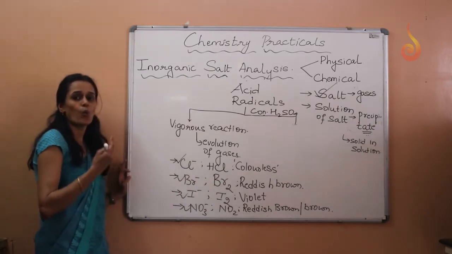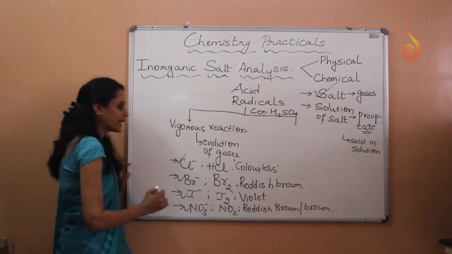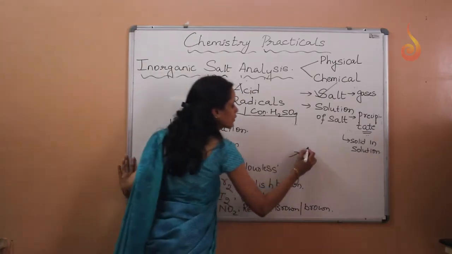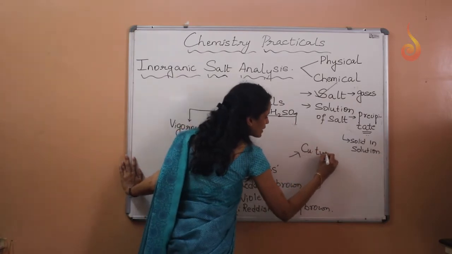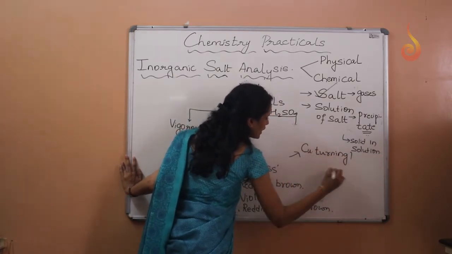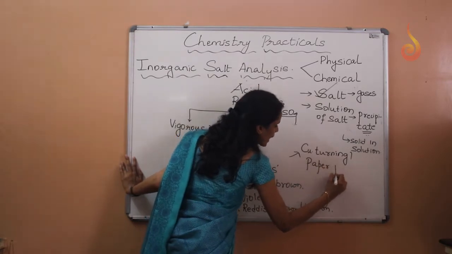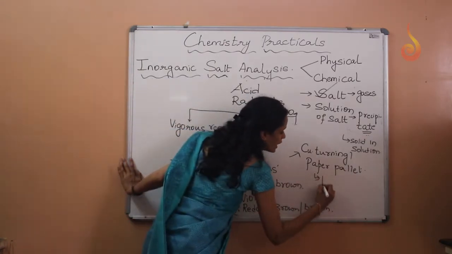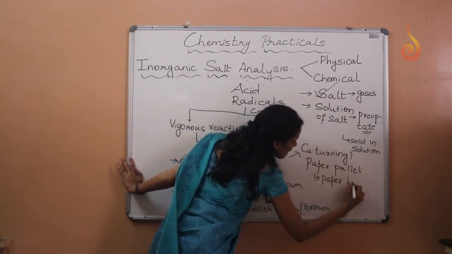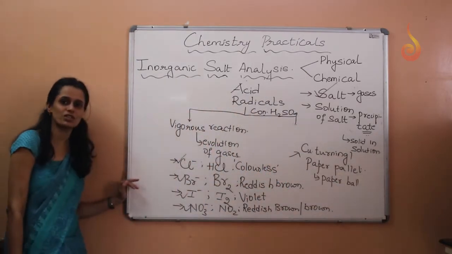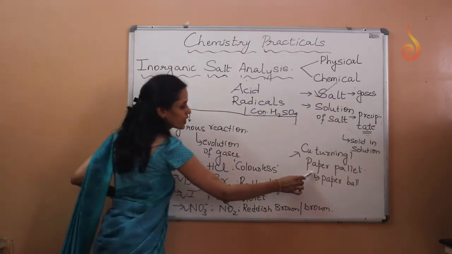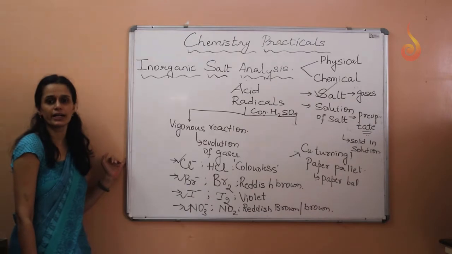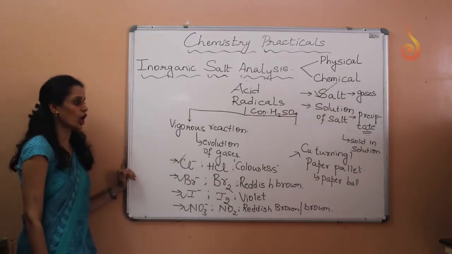To observe that, we add a catalyst to catalyze the reaction. What is the catalyst we are using? Either we can use copper turnings or we can use a paper pellet. What is this paper pellet? It's very simple. It's nothing but a small paper ball which is catalyzing the reaction. After adding the catalyst, we can easily observe the reddish brown color gas for nitrate ion.